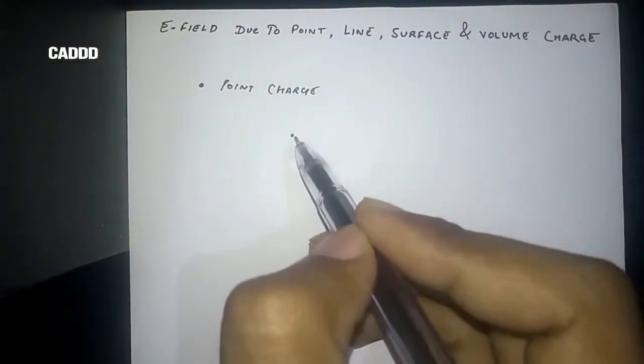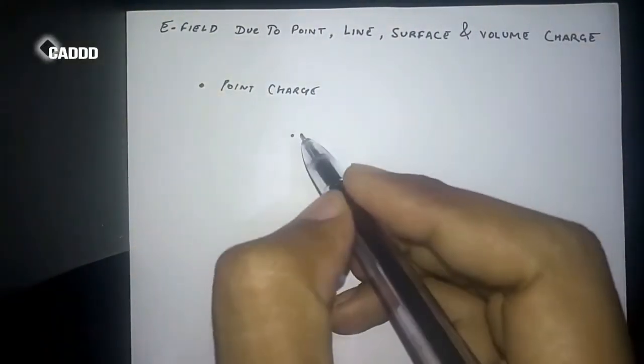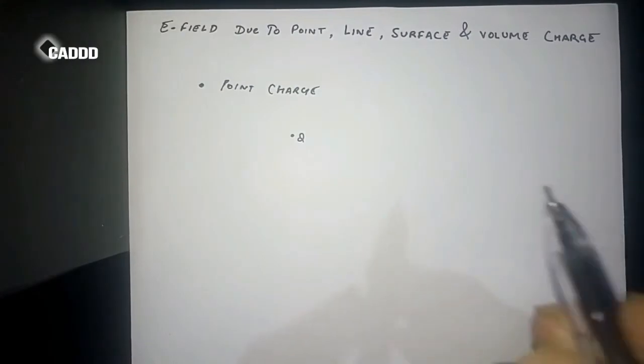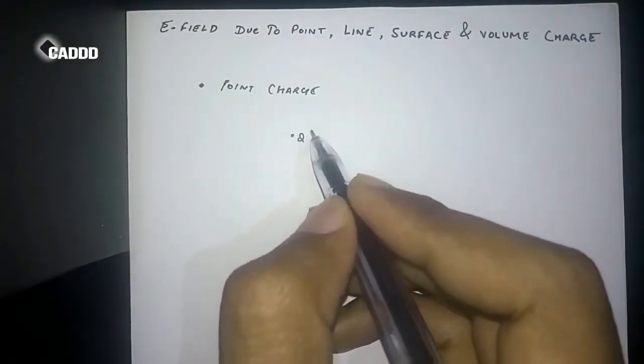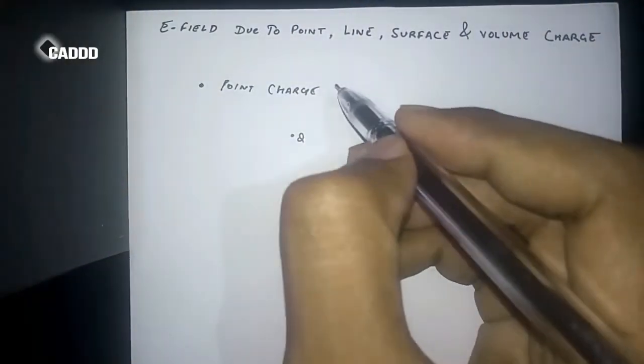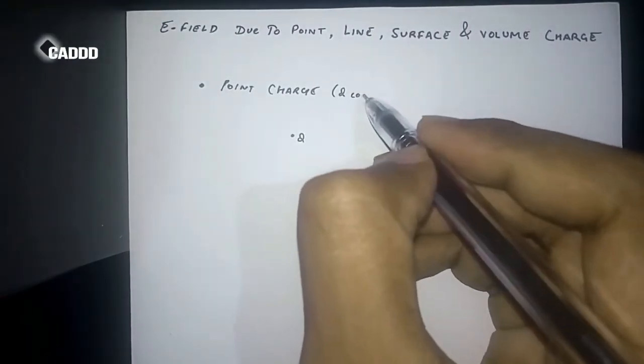A point charge is a charge at a single point. Let's say at this point we have a charge of q coulombs.